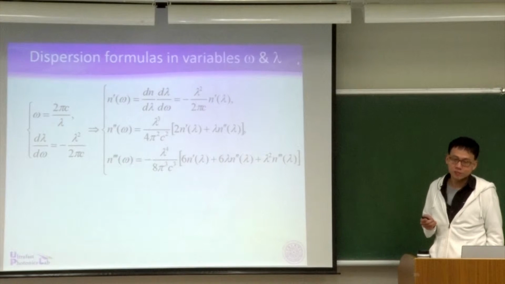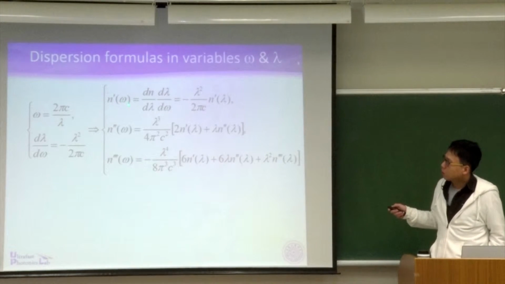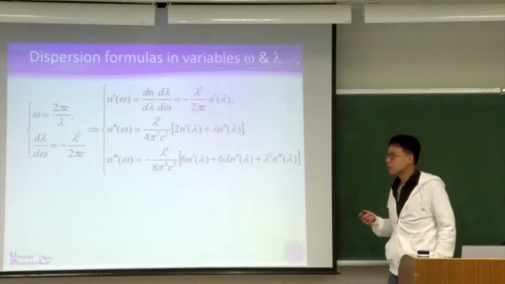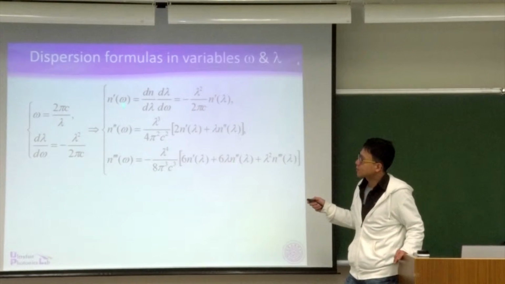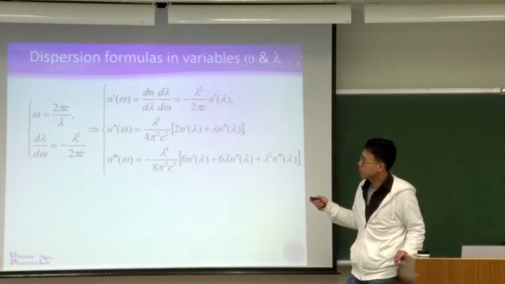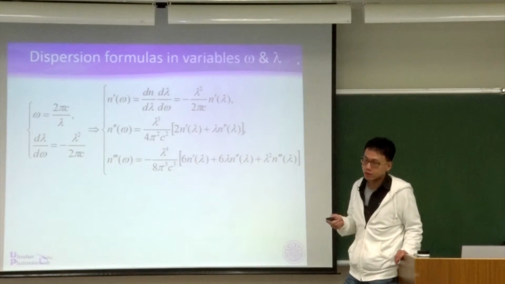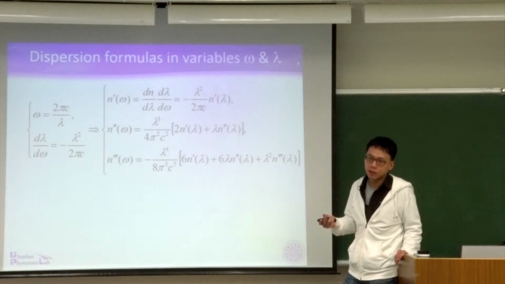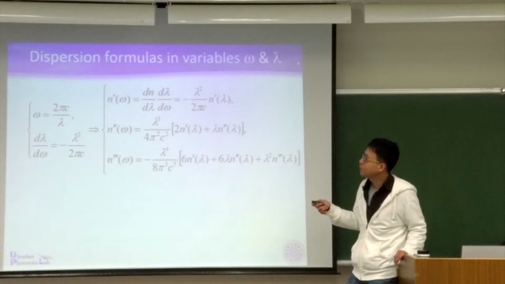Okay? Then let's see the relation between n prime of omega and n prime of lambda. The definitions are: this is the first order derivative of the index of refraction with respect to variable omega, and this is the derivative with respect to variable lambda. They are different, right?